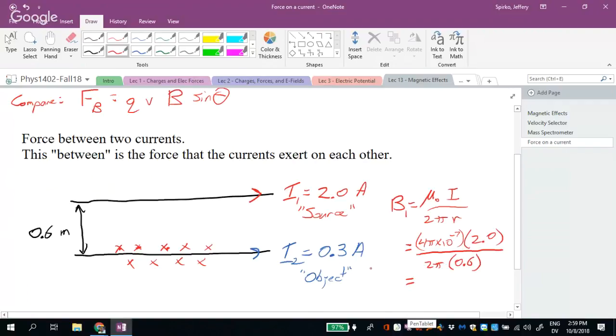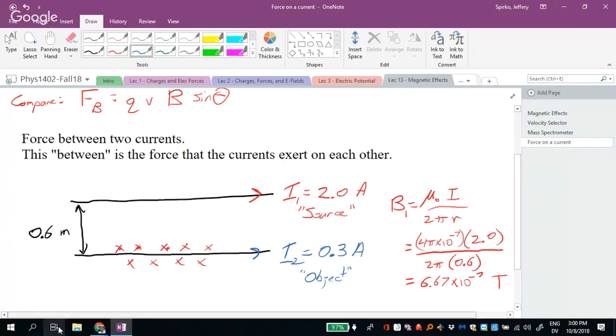So this would be a value. I get 6.67 times 10 to the minus 7th Teslas. Not a very strong magnetic field at all. Weaker than the magnetic field of Earth. This would be a terrible experiment.